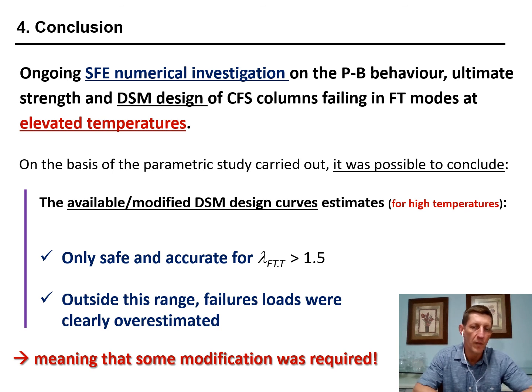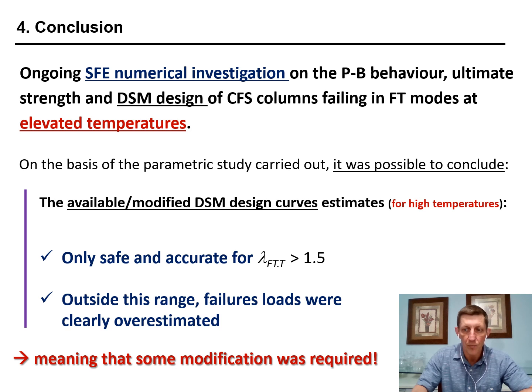On the basis of the parametric study carried out, it was possible to conclude that the available modified DSM design curve estimates for higher temperatures are only safe and accurate for lambda FT above 1.5. Outside this range, failure loads were clearly overestimated, meaning that some modification was required.